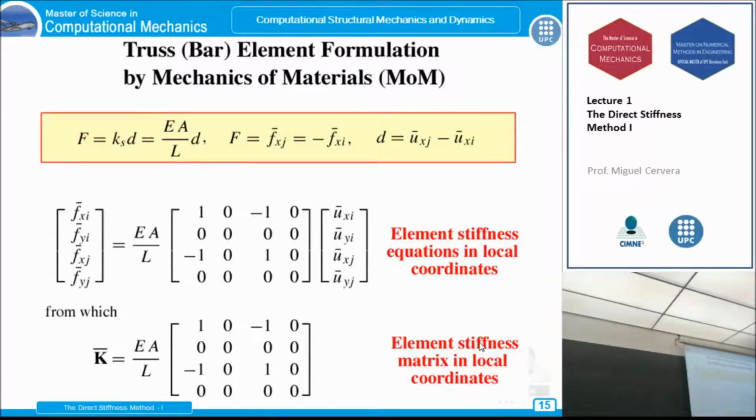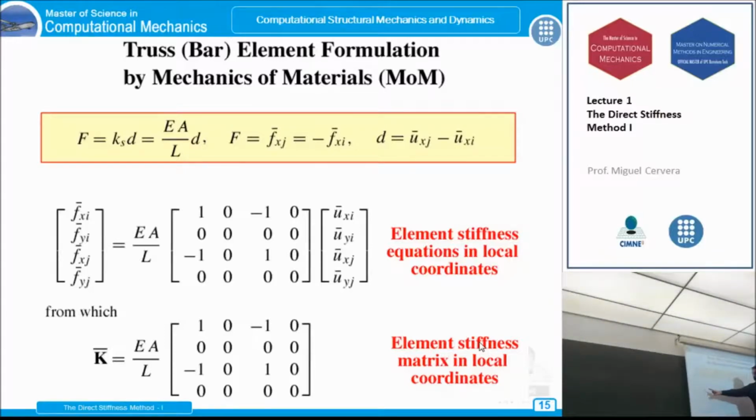Now, the rest is a matter of putting things in a convenient way. Here, we have put things in a convenient way for the spring. Now we put it for the stiffness method. You see, we put here the local displacements, we put here the local forces, and this is the matrix relationship which relates one to the other.